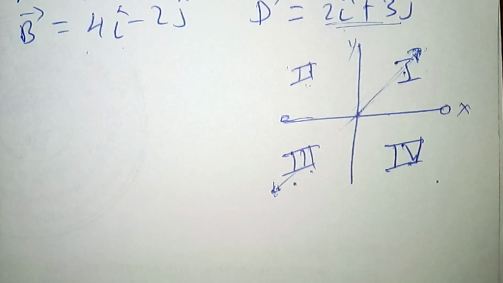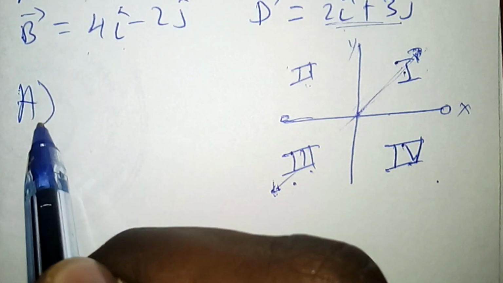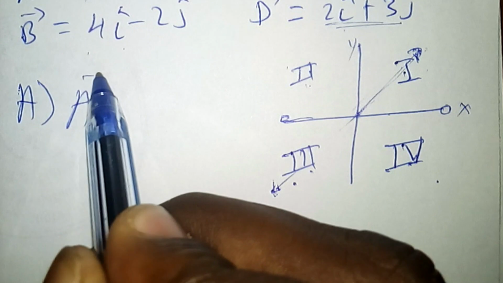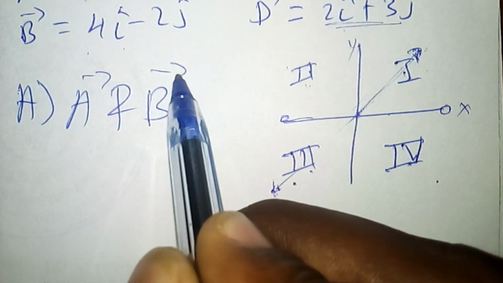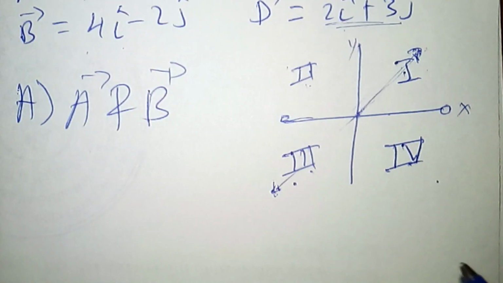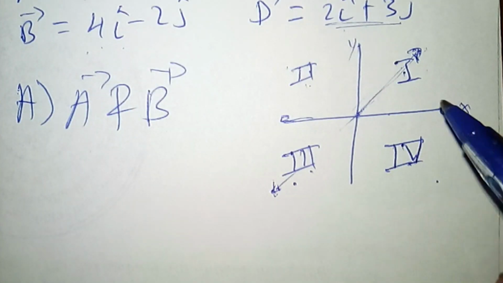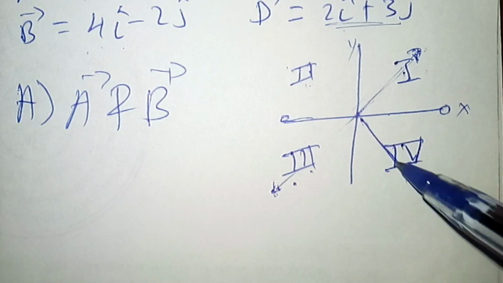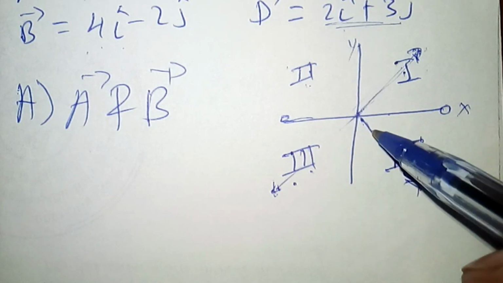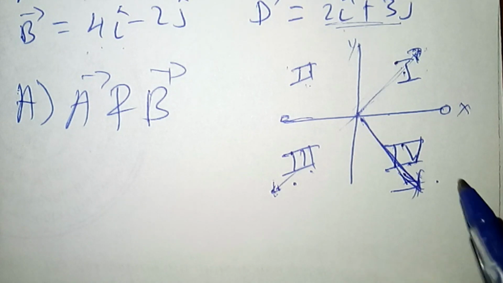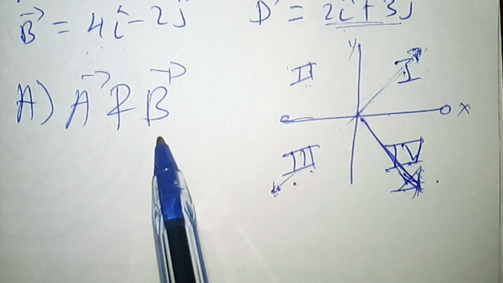For example, on alternative A, we can test whether vector A and vector B are collinear or not by using the method of inspection. First of all, vector A and vector B both exist in quadrant 4. That means there is a chance of A and B being collinear with each other.